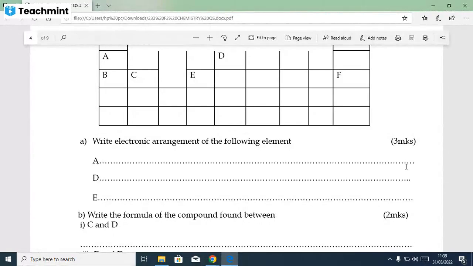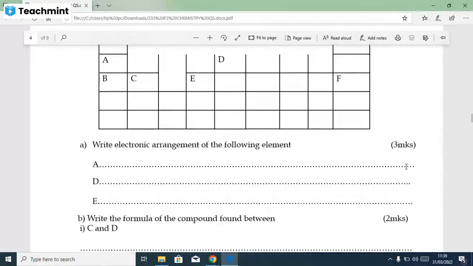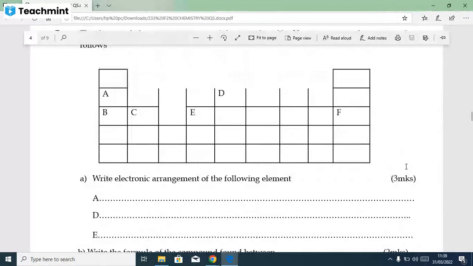Then there is something you are supposed to note. When you are asked to write the formula, don't be specific. Don't start saying it is, for example, magnesium, because in our case here C looks like calcium, sorry, magnesium.